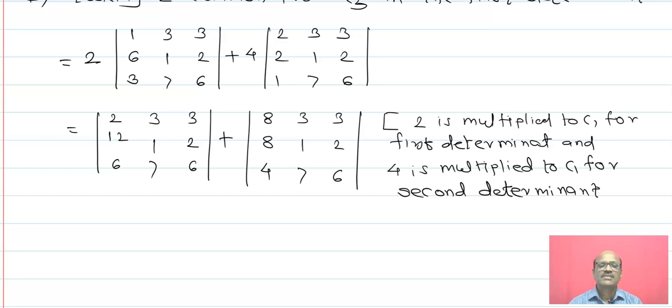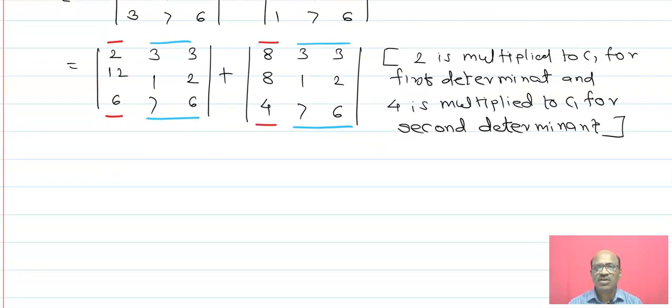Now in this case, C2 and C3 for the first determinant and C2 and C3 for the second determinant, these two are identical, and by using the property of determinants, if two rows or two columns are identical, then the remaining row or column can be expressed as the sum of the two terms.